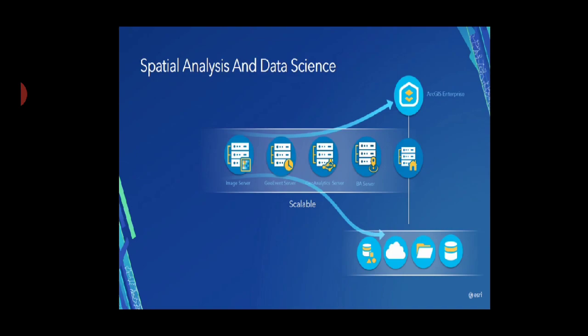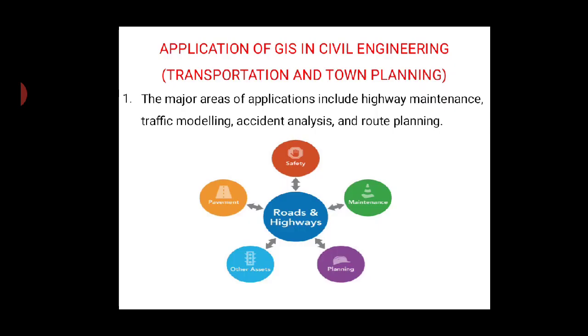This geospatial analysis is used in all different types of fields: in the environmental field, in economics, and in the prediction of climate. Any form of work can be done with the availability of geospatial data.